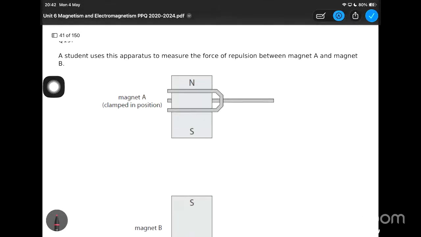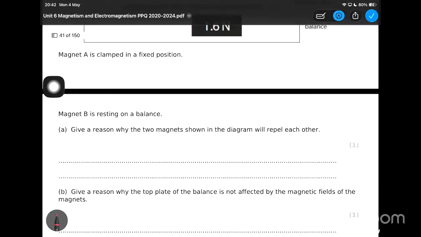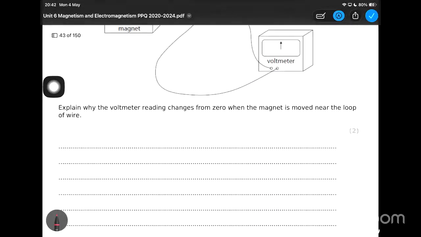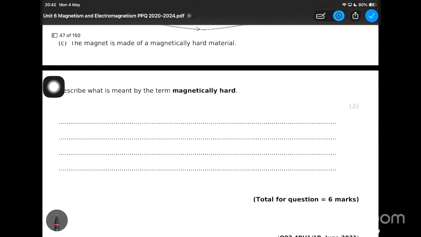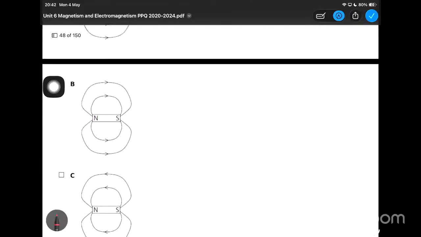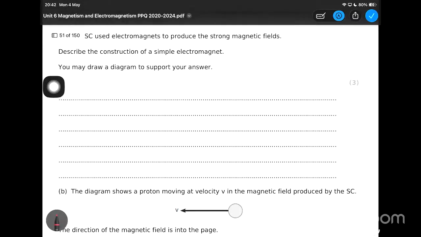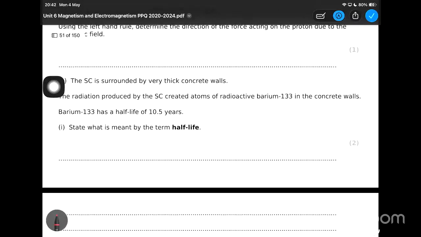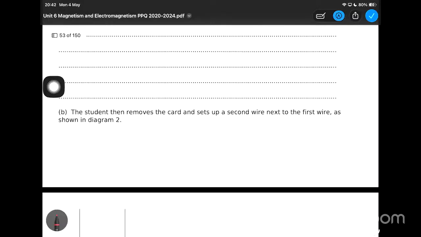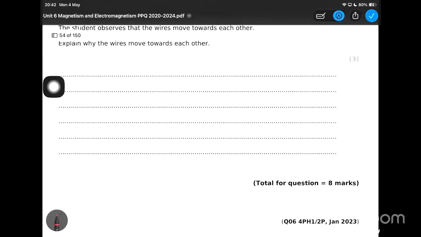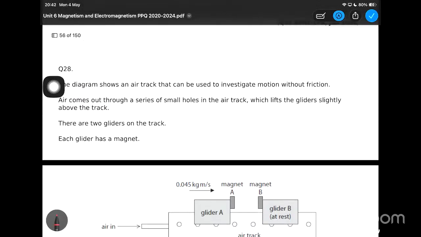I gave question number 19 as homework, and there was another question related to momentum. Since you are still not aware of the half-life thing, there's no need of calculating it. And we discussed this second wire thing as well. Right. So question number 28.